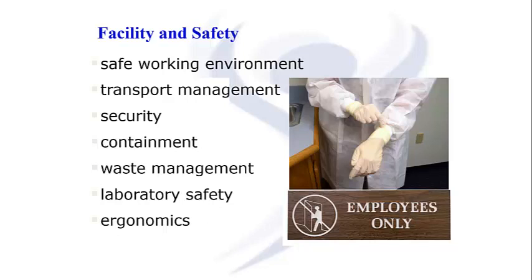Safety, which includes policies and procedures to prevent harm to workers, visitors, and the community. Ergonomics, which addresses facility and equipment adaptation to allow safe and healthy working conditions at the laboratory site.